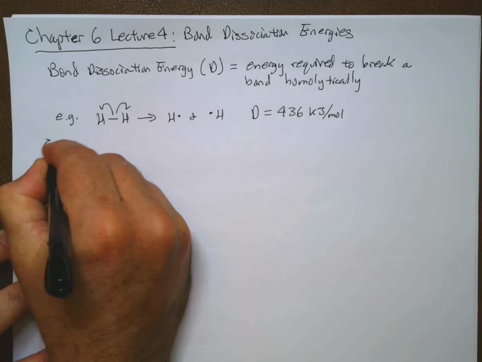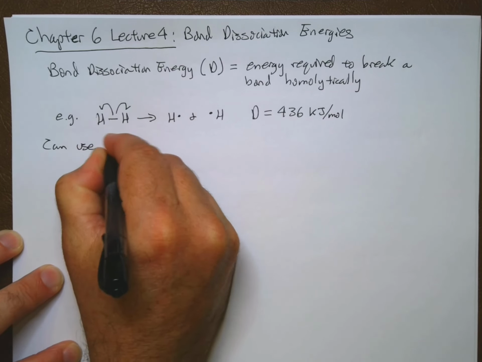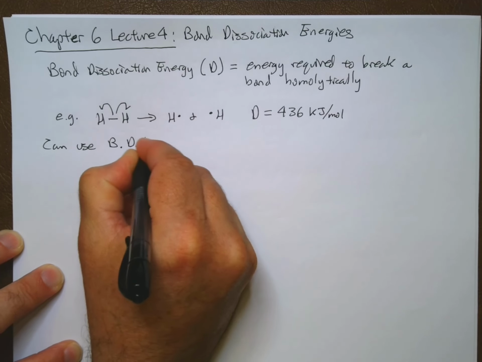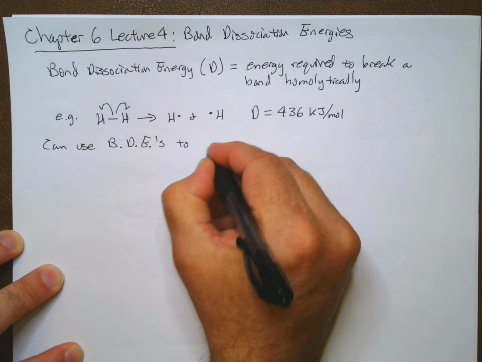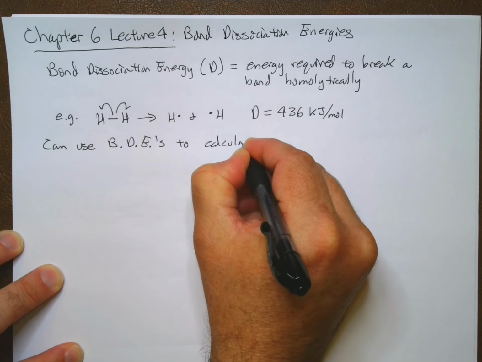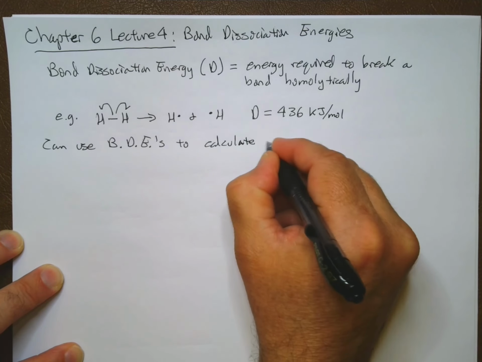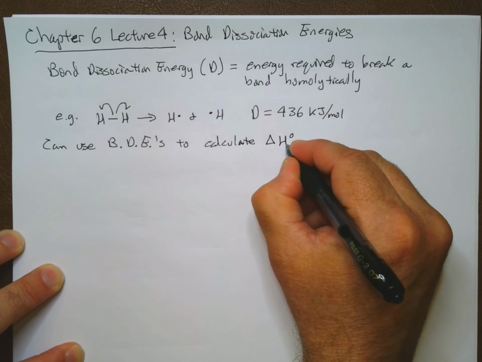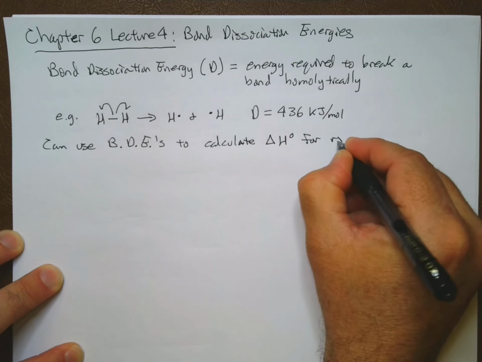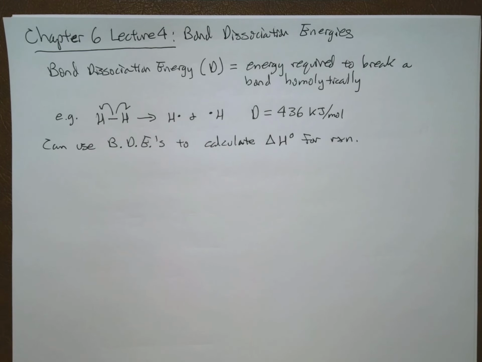So we can use BDEs, bond dissociation energies, to calculate delta H naught for a reaction. What does that look like?